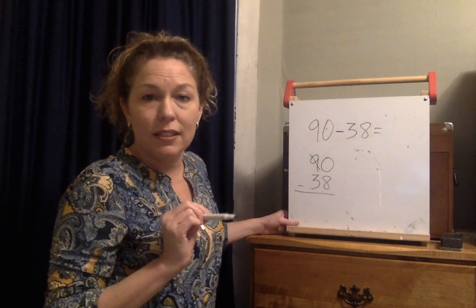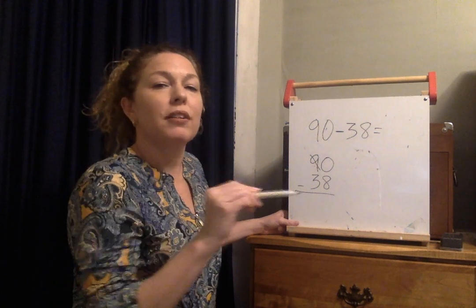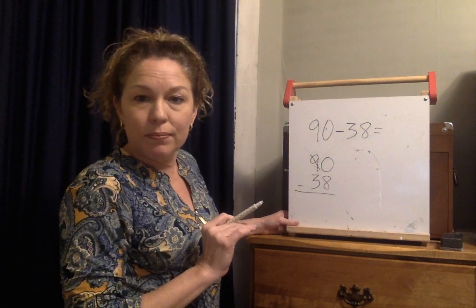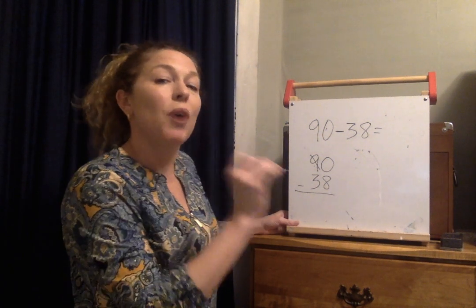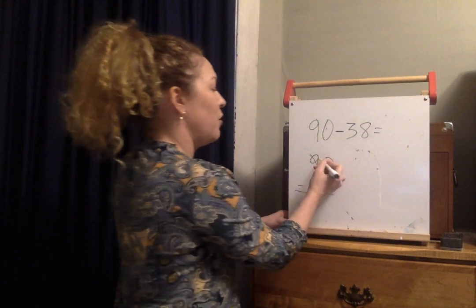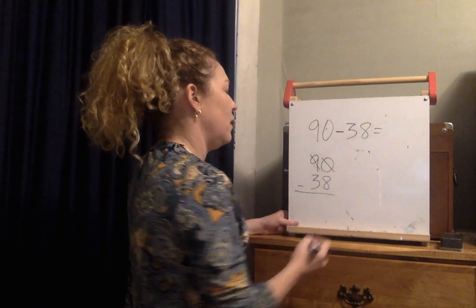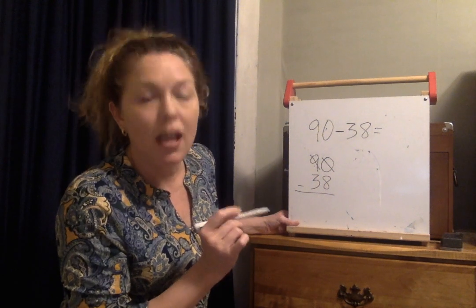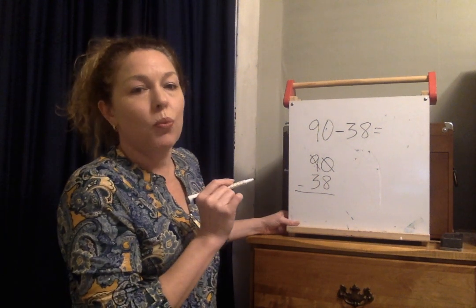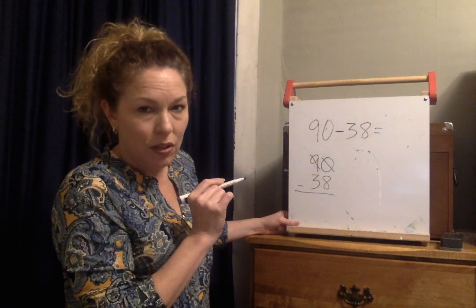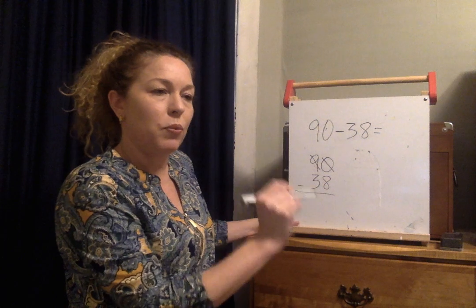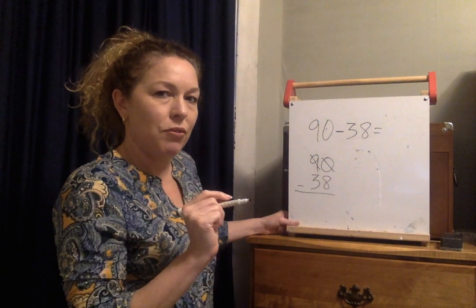I have 9 tens. I'm going to break off one of those tens and turn it into ones. Then I'm going to have 10 ones added to whatever number is here in my ones column. So if I took 1 ten away from 9 tens, how many tens would I then have? So if you have 9, you take 1 away, how many do you have?